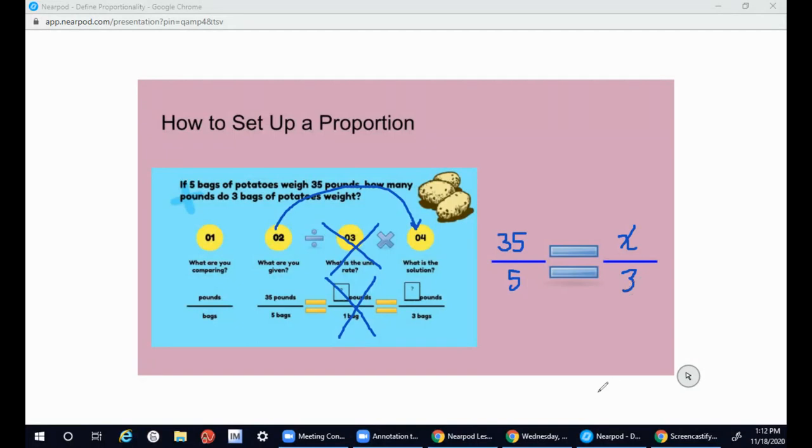Our goal with setting this up is, again, skipping this middle step. But we know that both of these have the same unit rate, so I can still use that unit rate method. Tomorrow we will take a look at how we solve this, but today it's just setting it up. This is what you're going to be setting up in your practice problems today.